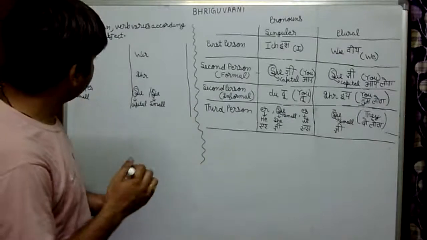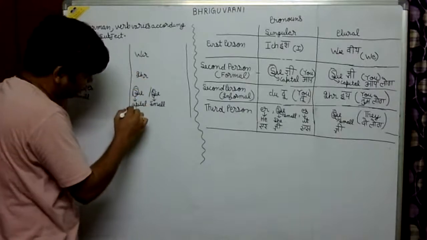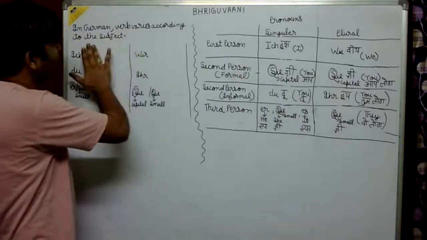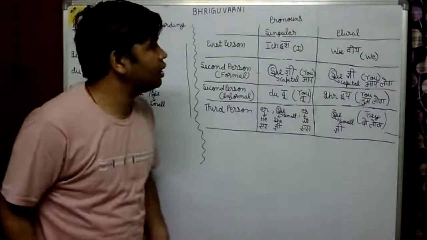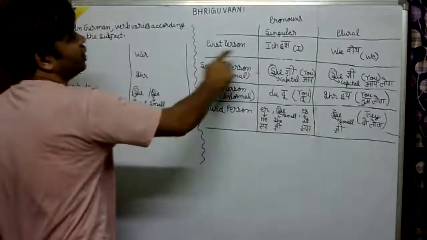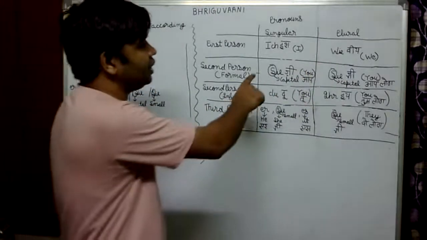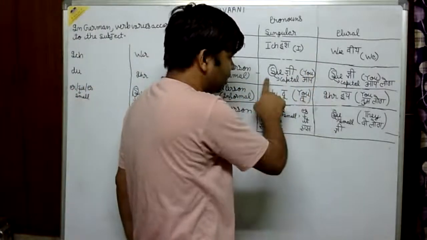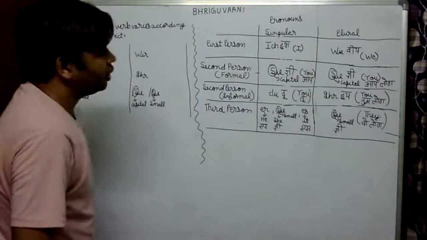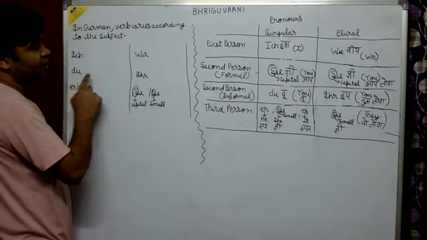Now let's look at what I have written above. See, in German, verb varies according to the subject. So what is the subject? This ich is a subject. Look, I have written ich here. Wir I have written here. This sie and this Sie are subjects, Sie with capital S. This du is a subject. Here I have written ihr.